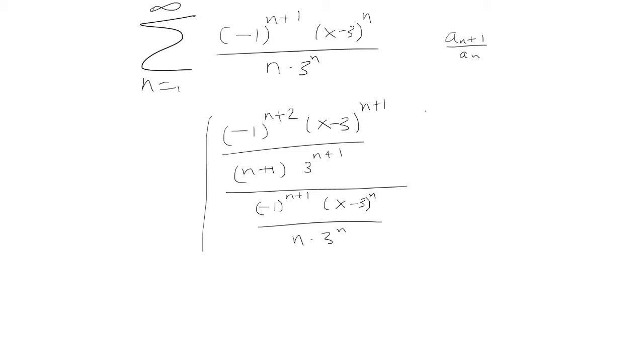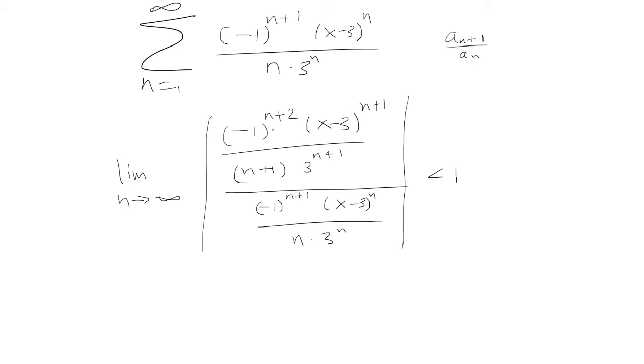So take the absolute value and take the limit as n approaches infinity. We want this to be less than 1, because that's when the series converges by the ratio test.